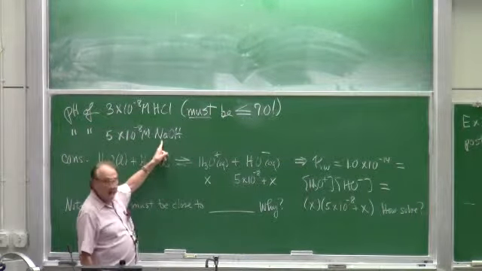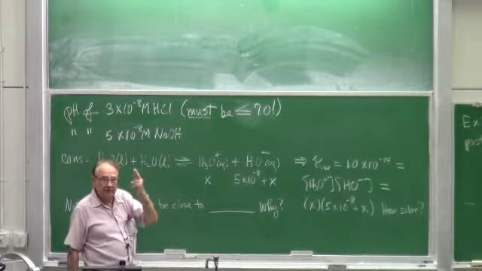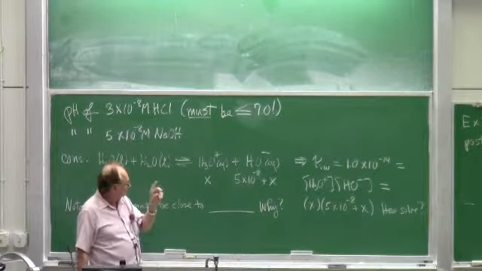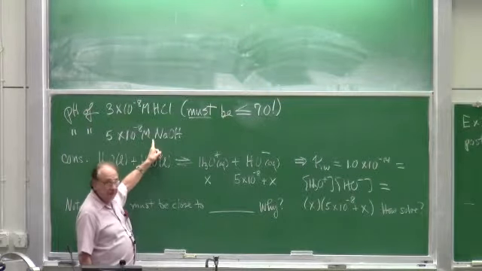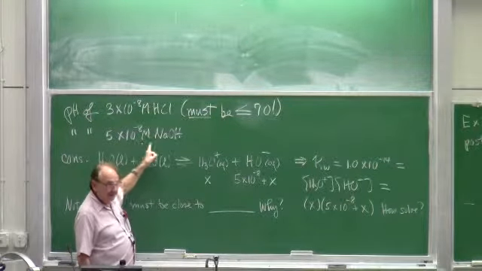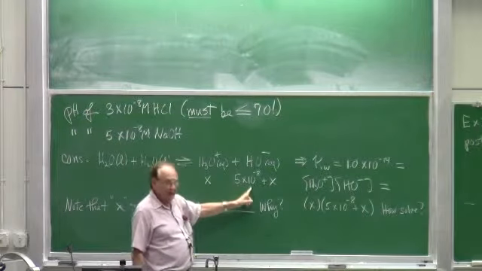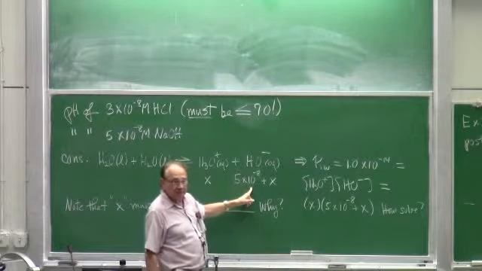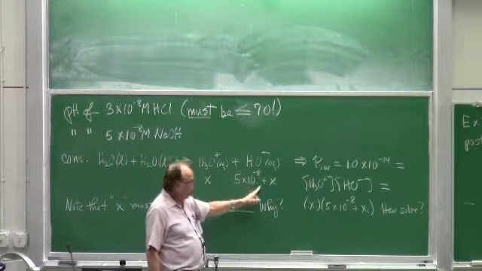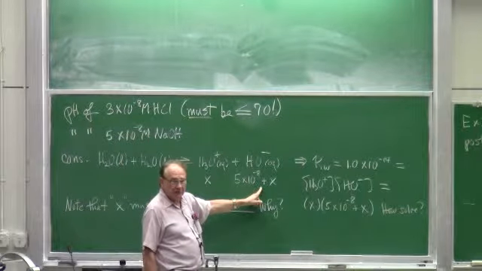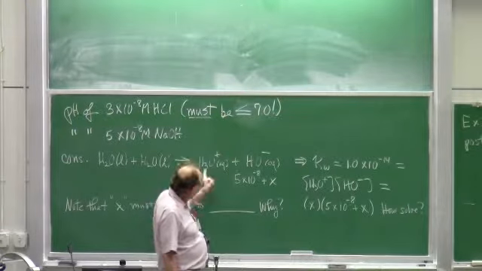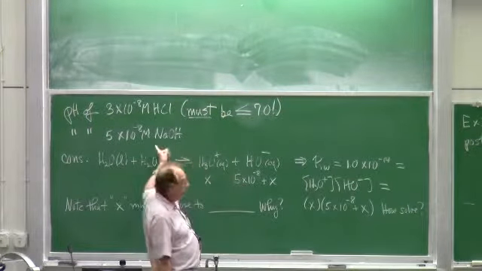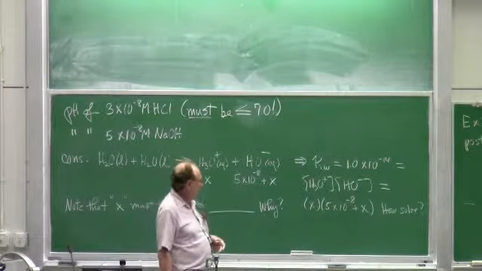But in this system, because of the solute, we have two sources of hydroxide ion: the amount given to the system by this reaction plus the amount given to the system by the solute. So hydroxide ion for the solution is the sum of these amounts. X represents the contribution to the hydroxide ion molarity by water reacting with water, and 5 times 10 to minus 8 moles per liter from solute NaOH.